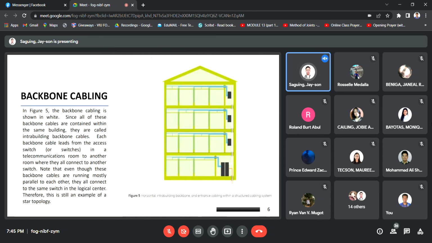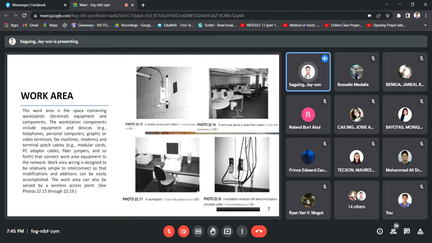And the seventh subsystem is the work area. The work area is the space containing workstation or terminal equipment and components.